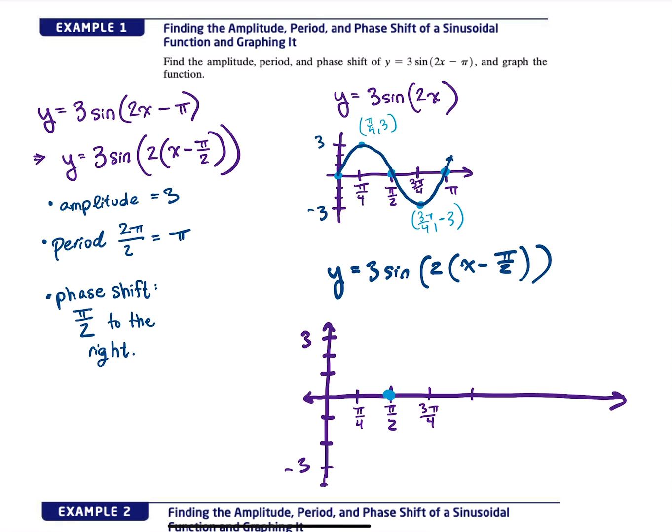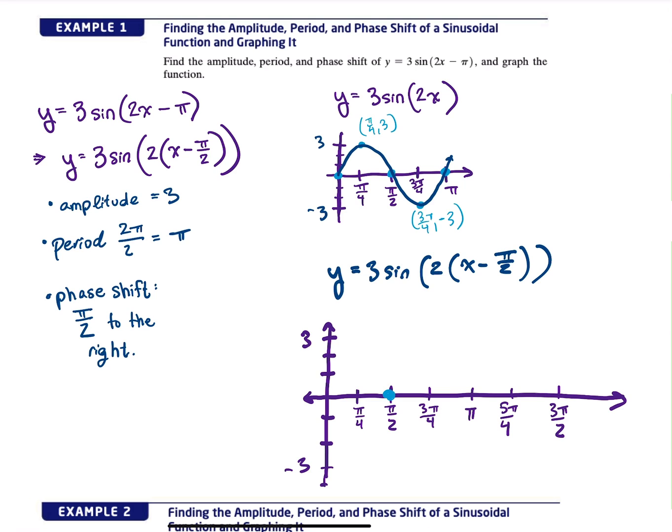Then 4 pi over 4 is pi, and we would have 5 pi over 4, and then 6 pi over 4, which would reduce to 3 pi over 2. We can probably stop there.